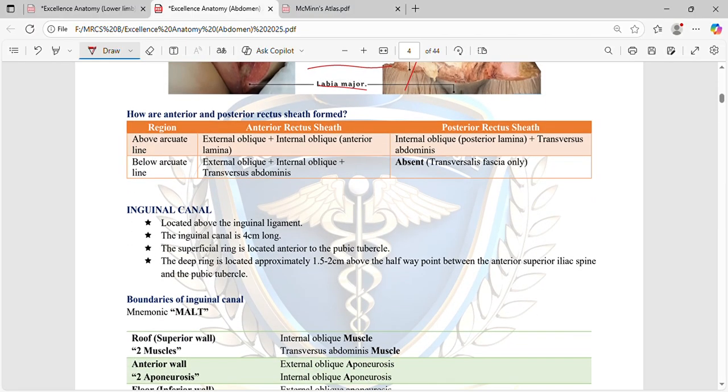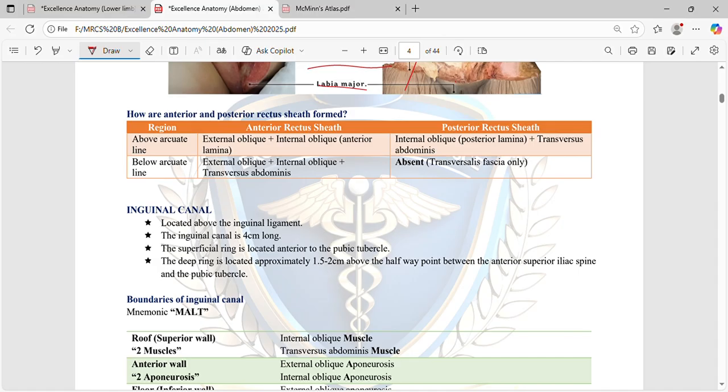So how are the anterior and posterior rectus sheaths formed? At the level of the xiphoid process, all the layers go. Here they mention only below the arcuate line and above the arcuate line, but there is still one more level.